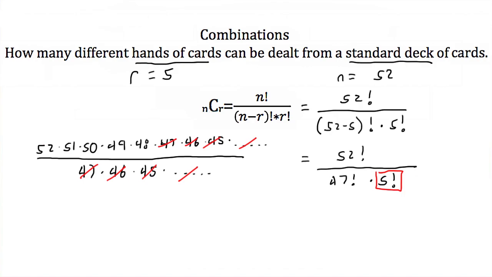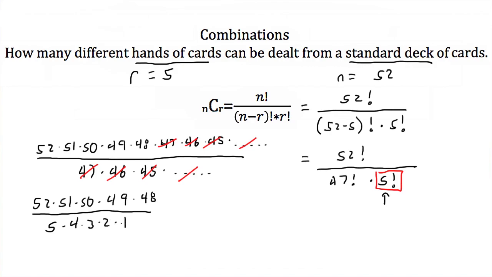And all we're going to be left with is 52 times 51 times 50 times 49 times 48. And this, don't forget, is still divided by 5 factorial. So it's divided by 5 times 4 times 3 times 2 times 1. Now our numerator, if we do this multiplication, 52 times 51 times 50 times 49 times 48, that's equal to 311,875,200.